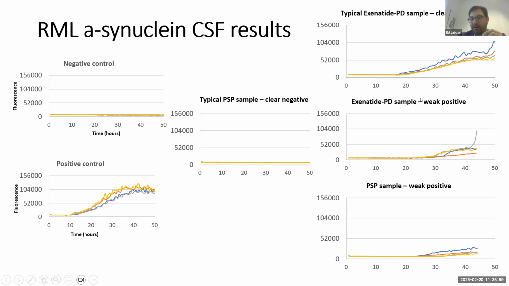Now, what I mean by that is that the maximum fluorescence signal is much lower in these samples compared to the true positives. And in terms of the time taken to reach that positivity, it's much, much slower. So you can appreciate in this sample here or in this sample here, it takes much longer to reach that threshold to call it a positive sample compared to this clearly positive sample in the top right.